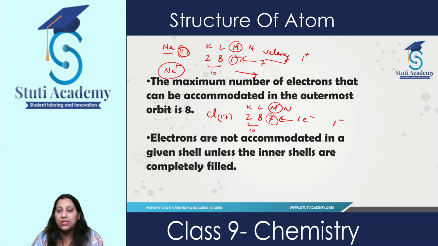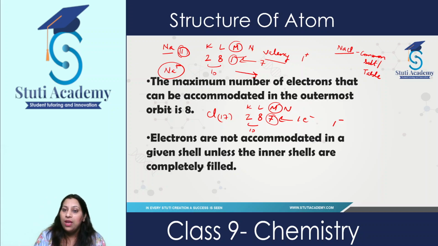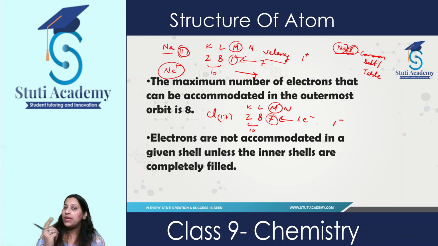And that's the reason why this NaCl, which is known as common salt, or we call it table salt, exists in nature, because here this Na, which is sodium, combines with chlorine, because sodium wants to leave one electron and chlorine wants to accept one electron.